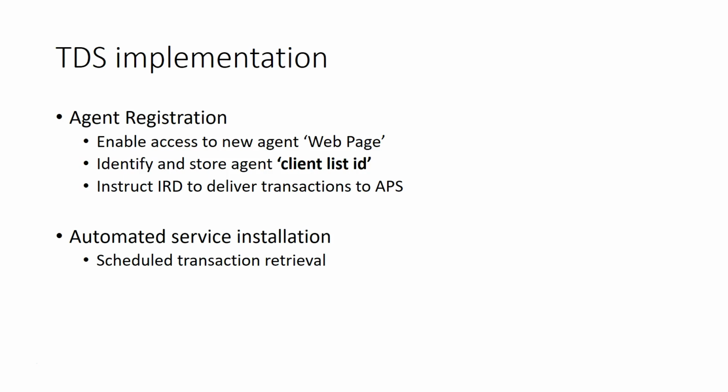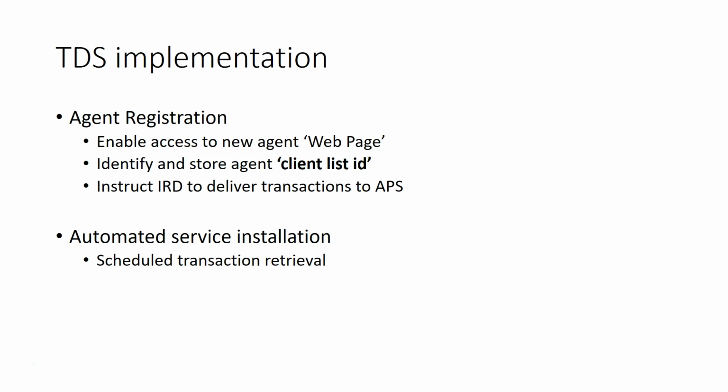There are a couple of steps that must be performed to activate the TDS service once the NZ Tax April 2019 release has been installed and the release's version control has been applied. The April 2019 application has a new Tax Agent Console page called Web Page. It is visible to users once their Jobs rights have been enabled.